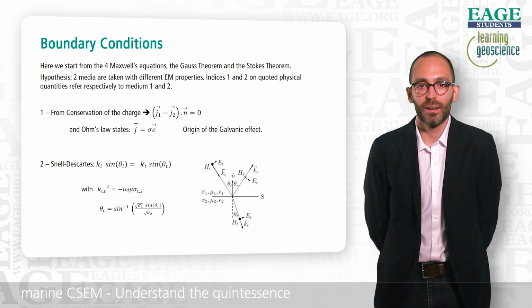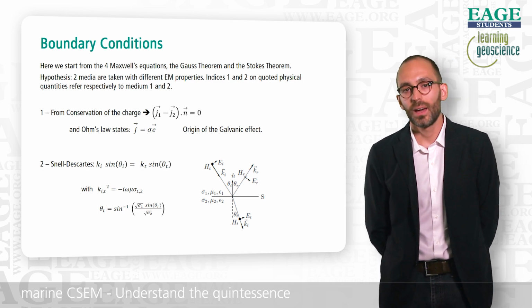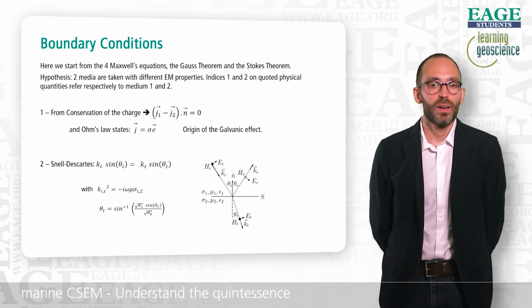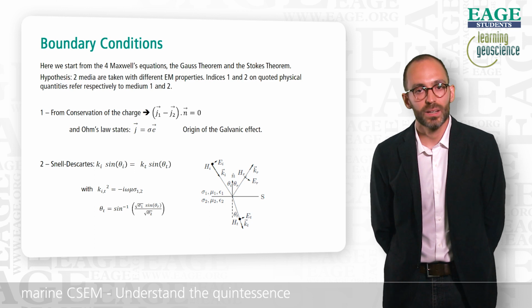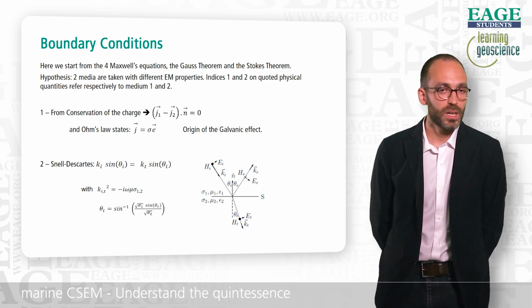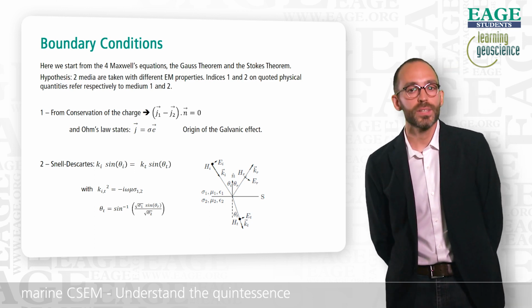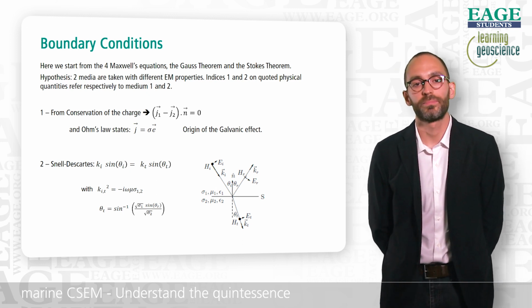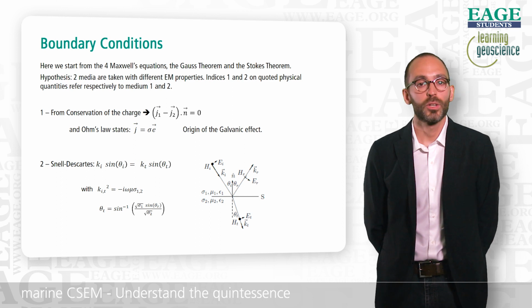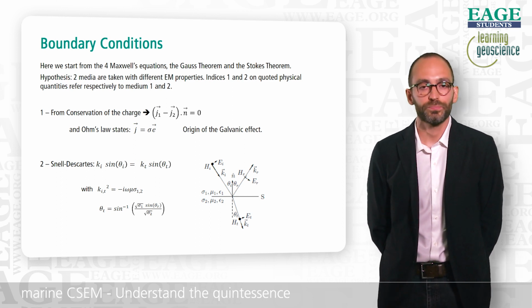And like with seismic, you can reach a critical angle in some specific condition. For instance, if you go from a low resistivity medium to a high resistivity medium, involving normal current to flow.